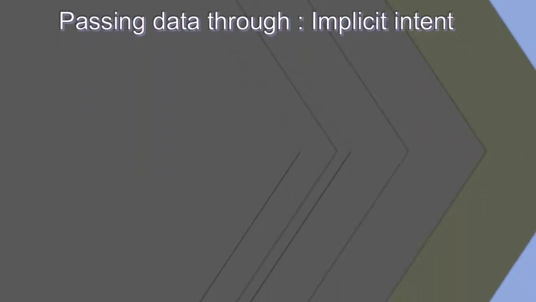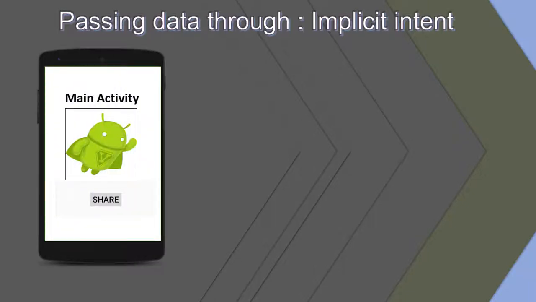Here I will give an example of how to pass the data through implicit intent. Suppose we have a main activity, and inside this main activity there are two UI elements present. The first one is an image view and the second one is a share button.